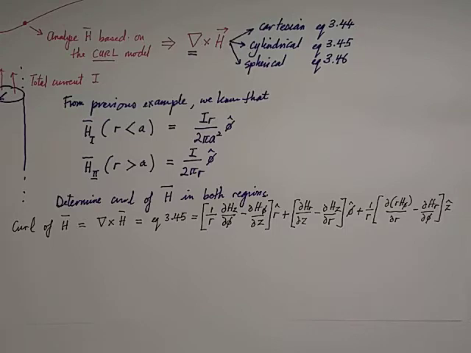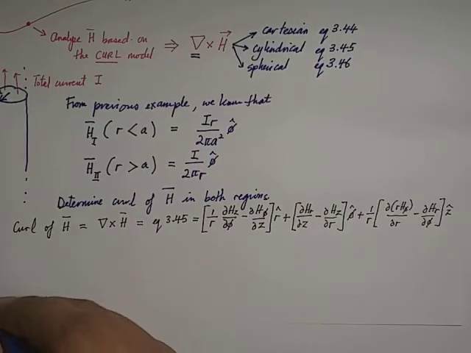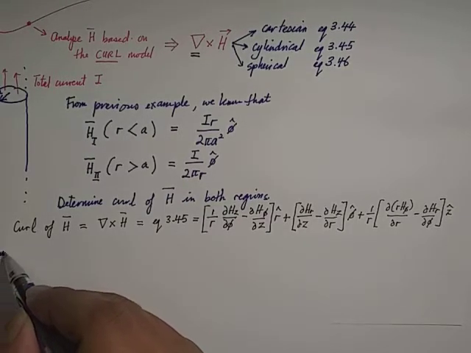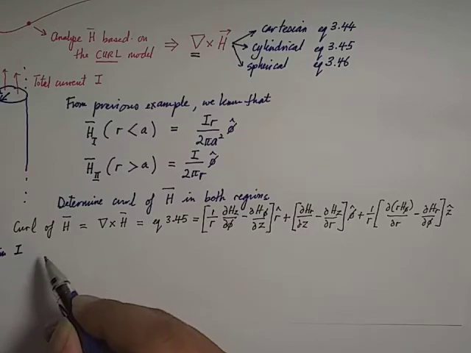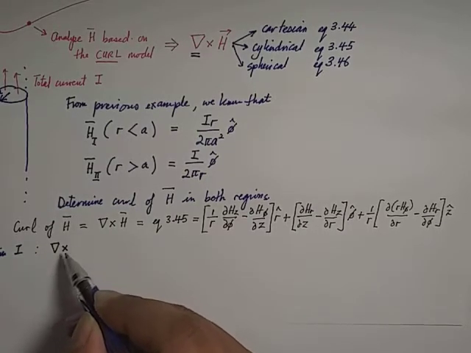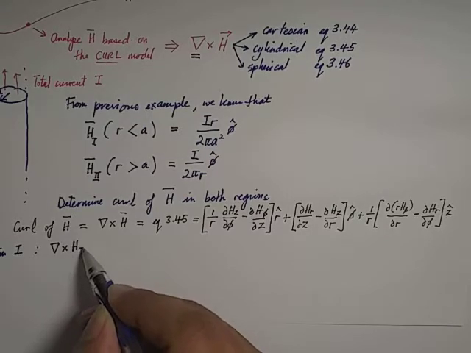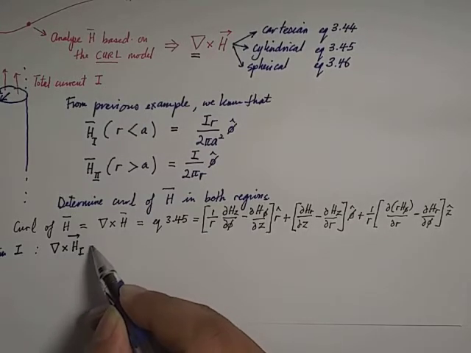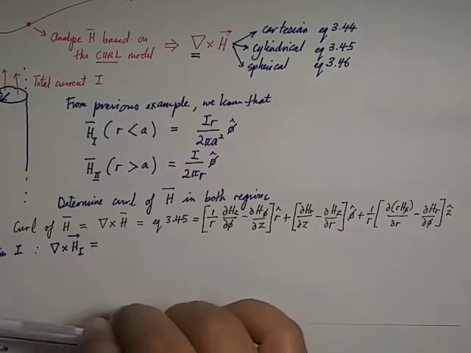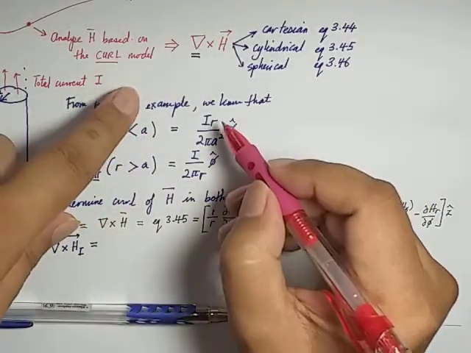Okay, for region 1, what do I mean by that? What should be the curl of H1 equal to? Okay, so what we have to do now is look at our equation H1 given here.